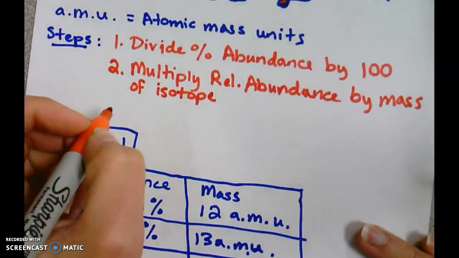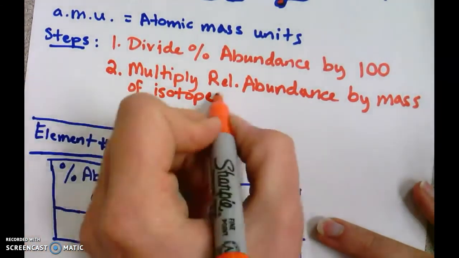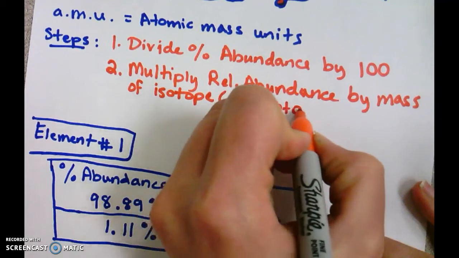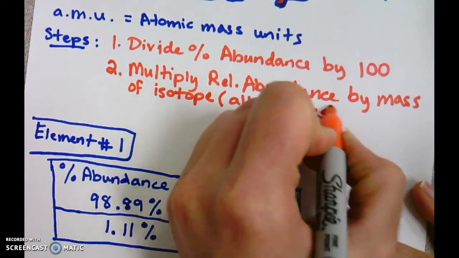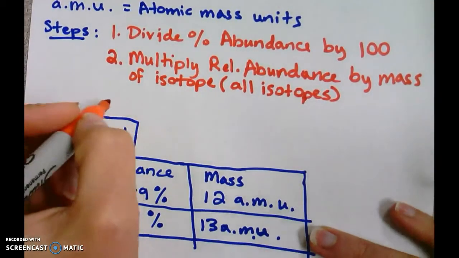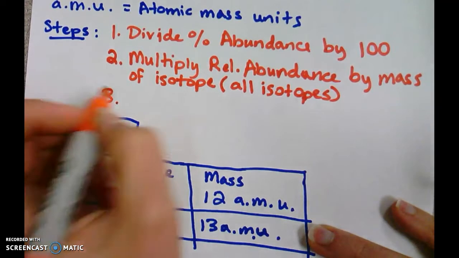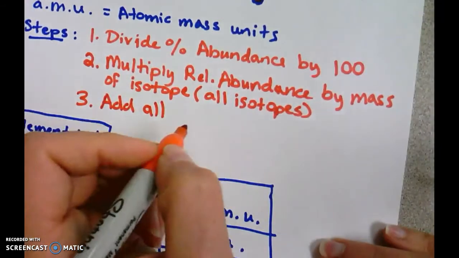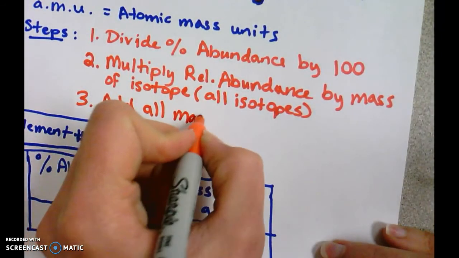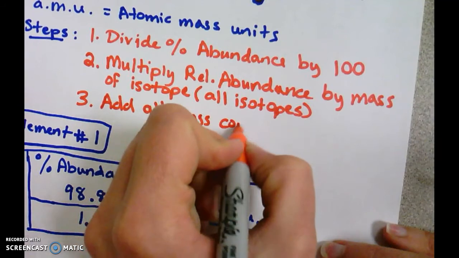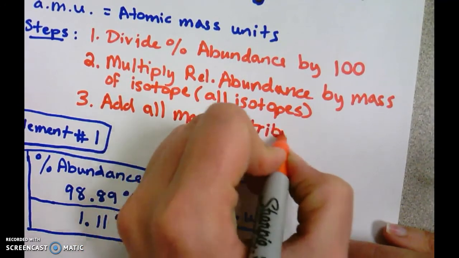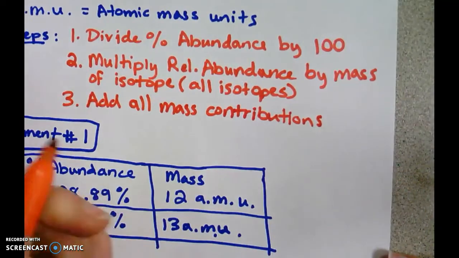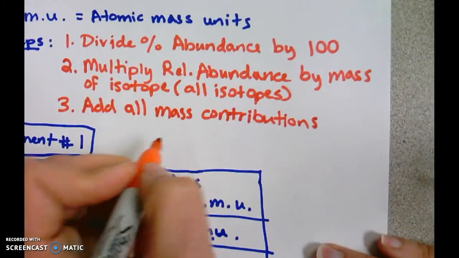And you do that for all isotopes, and that's true for step 1 too. Forgot that part. Okay, for step 3, you want to add all mass contributions together. And that gives you your average atomic mass.